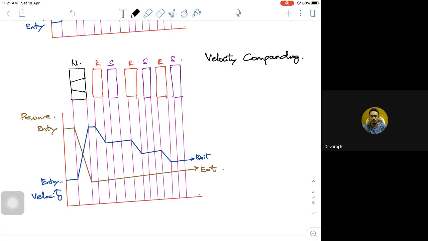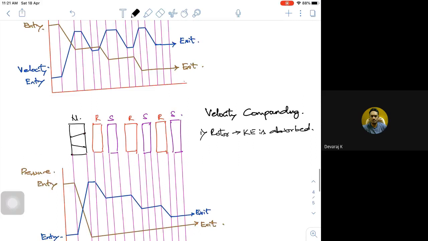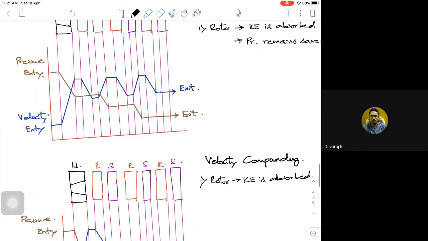The velocity component. What is it actually? In the rotor, the kinetic energy is absorbed, fine. But in the velocity component, what happened actually? In the nozzle the velocity used to get increased.